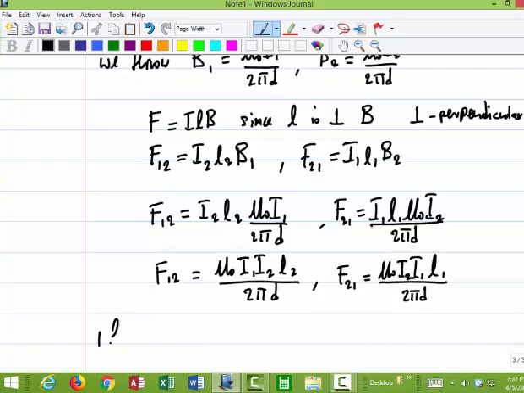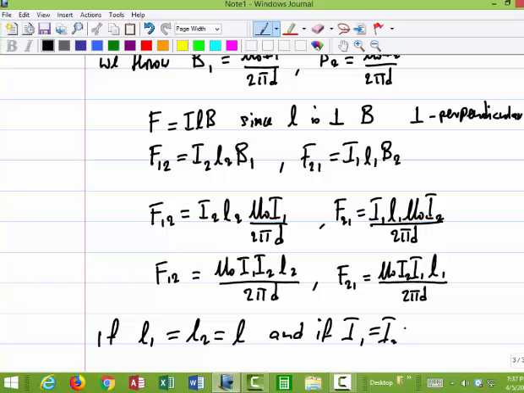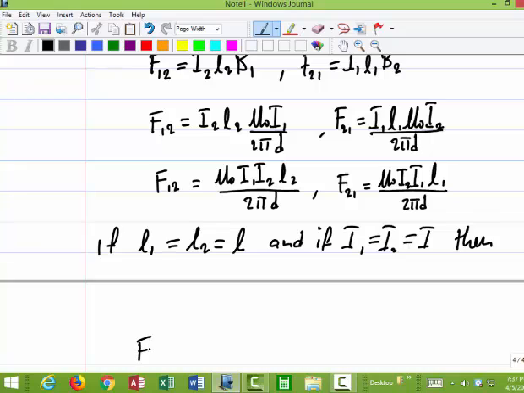So we can say that if L1 is equal to L2 and equal to L, and if the currents are equal, I1 equals I2 equal to I, then the force of 1 on 2 is equal to the force of 2 on 1, and that's equal to a certain force F between them, which can be written as mu naught I squared L over 2 pi d.